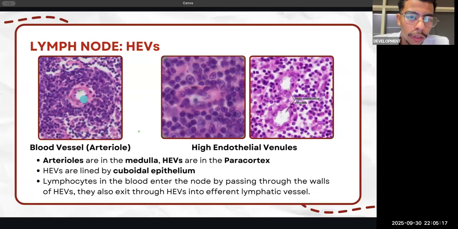Arterioles have flattened cells lining them, but high endothelial venules are lined by cuboidal cells. Can you guys see? The cells are cuboid in shape. All good? I also want you to know that high endothelial venules are in the paracortex, while arterioles are in the medulla. Don't forget that. Arterioles in the medulla, high endothelial venules in the paracortex. And that's it.